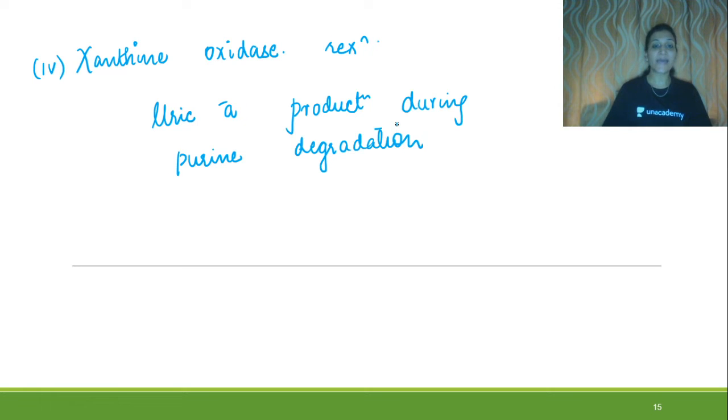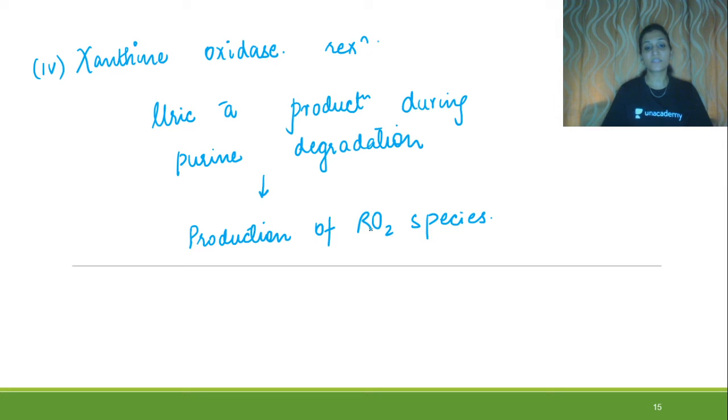Uric acid production during purine degradation will lead to production of oxygen reactive species, ROS. So this was the fourth way.